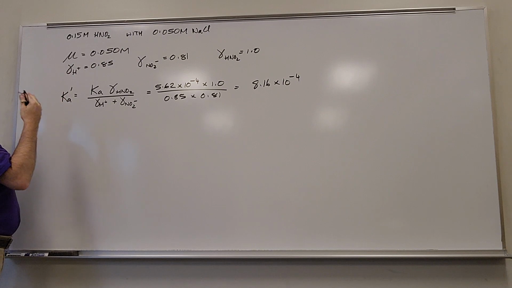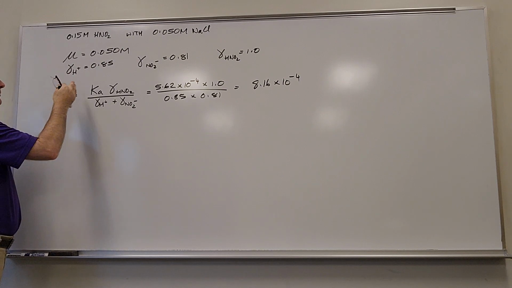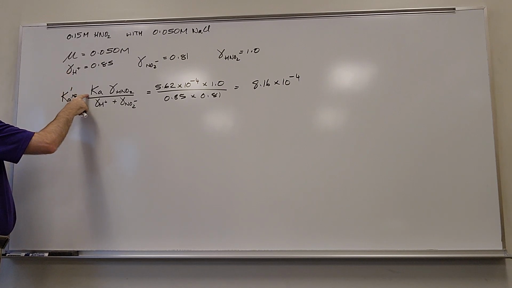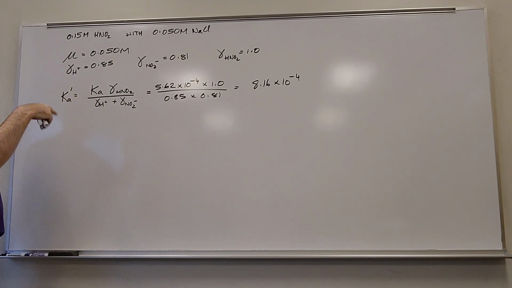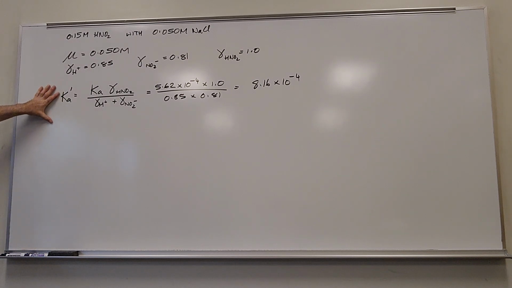And then the Ka is from our original textbook value of Ka that we used all the way back at the original value. And our modified value for Ka is the one that's based on activities. Okay, so this was the Ka that came from the concentration.